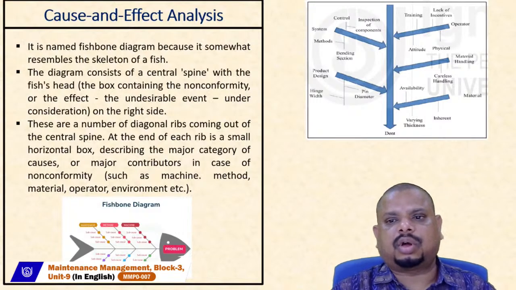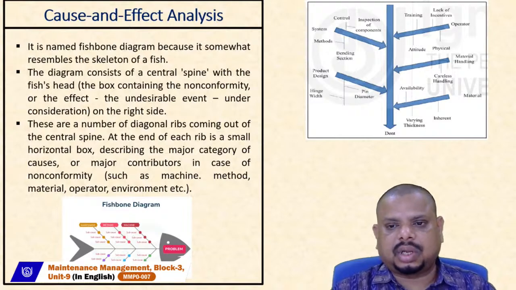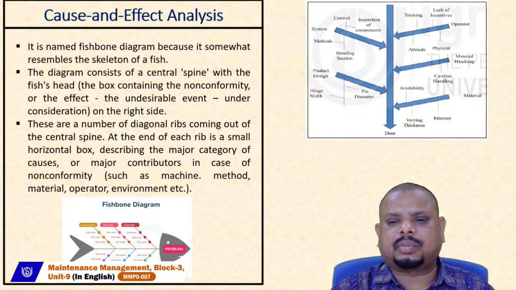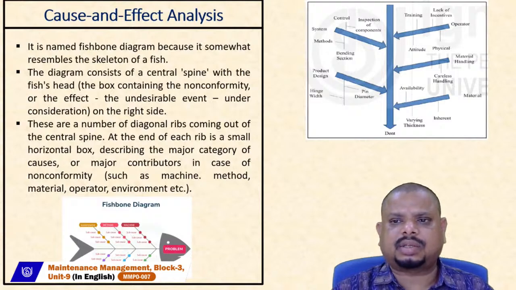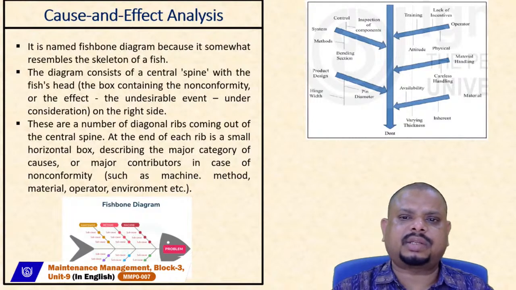Let's take the example of automobiles which have dents. A dent is a problem. In that case, you have to consider the operators, material handling department, the raw material provided, product design, and systems.